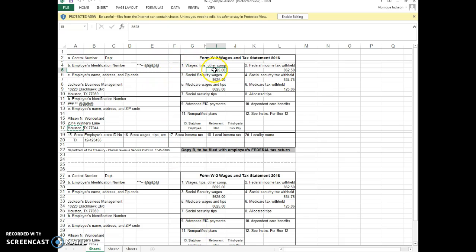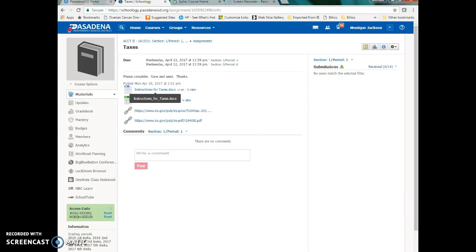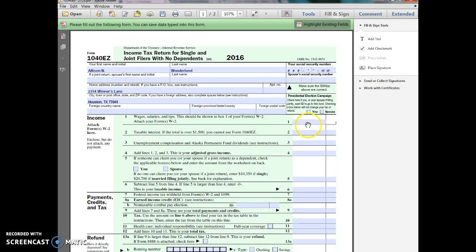Box 1: $8,625. I'm just going to erase these decimals here. That's the way it should look.